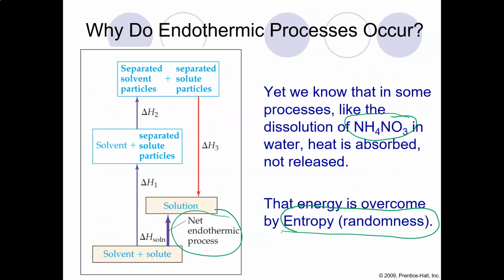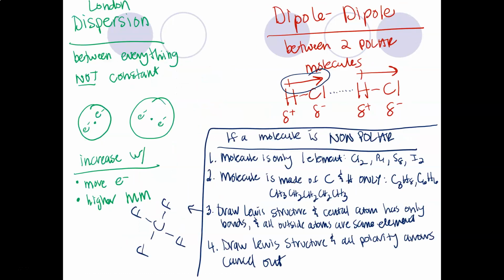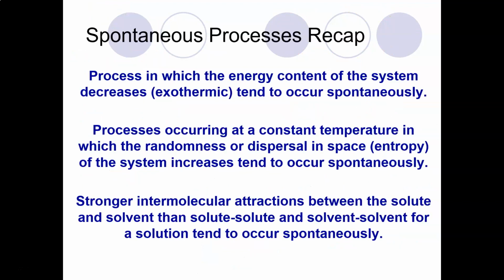That's playing a role into these, which all decide whether or not a solution happens. Solutes and solvents that have stronger forces between them are more likely to make a solution, to evenly mix with each other, because they're very attracted to each other, so they're going to easily work well together. Okay. So, recapping.